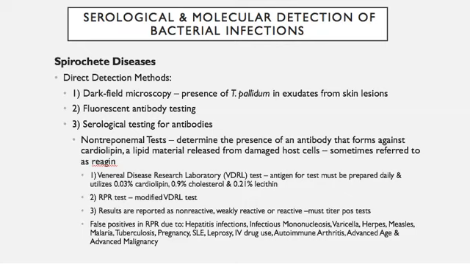These tests are based on flocculation or precipitation reactions in which the patient antibody complexes with the cardiolipin antigen, and can be performed on serum, which is how most of the tests are performed, or CSF. If you're doing this specific test on CSF, you would have to modify the test a little bit for CSF. So essentially what the non-treponemal test is detecting is something secondary to the organism. It's not detecting the organism itself.